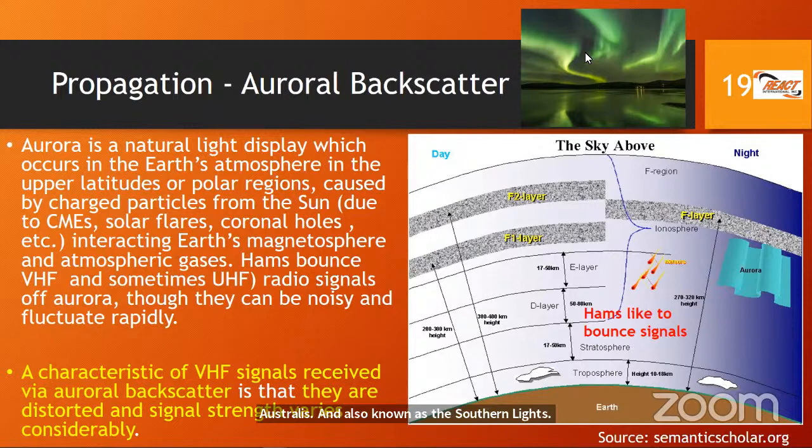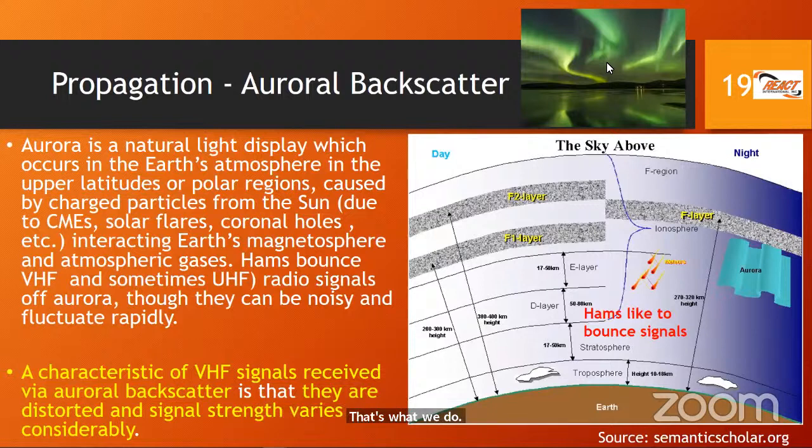So these lights, believe it or not, amateur radio operators do try to bounce our signals off of so that it could reach further than we would otherwise through line of sight or other forms of propagation. So again, we're also talking about the VHF part of the spectrum and maybe even the UHF part of the spectrum. That's what we do, bounce our signals.